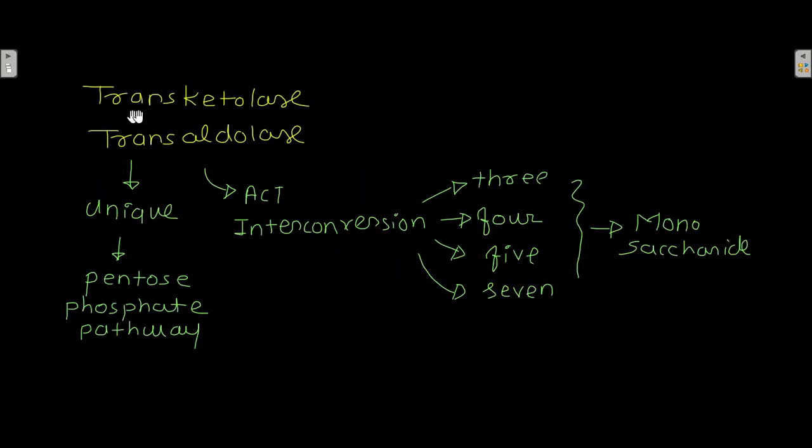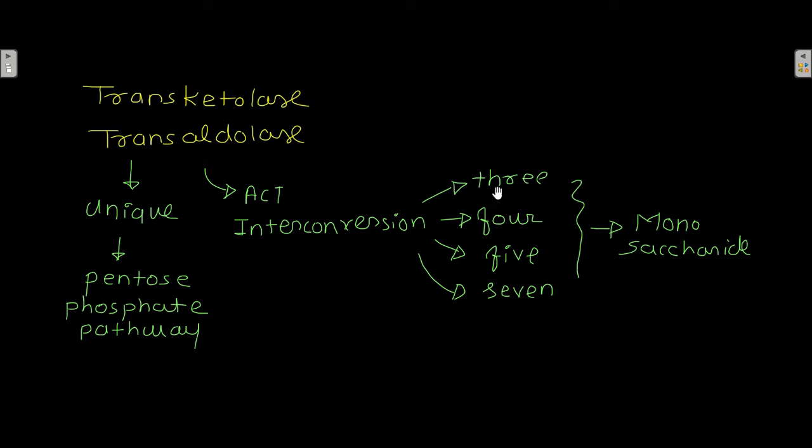Now transketolase and transaldolase, these two enzymes are unique to the pentose phosphate pathway, and they act for interconversion between 3, 4, 5 and 7 carbon monosaccharides. Okay, 3 carbon monosaccharide can be converted to 7, or 7 carbon monosaccharide can be converted into 4.